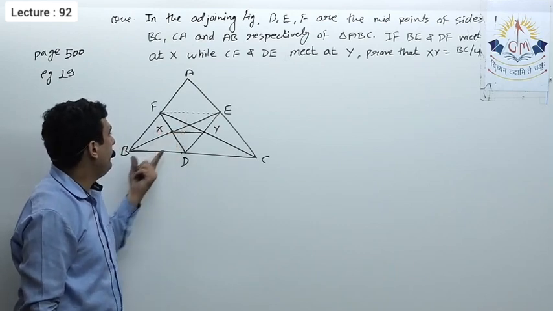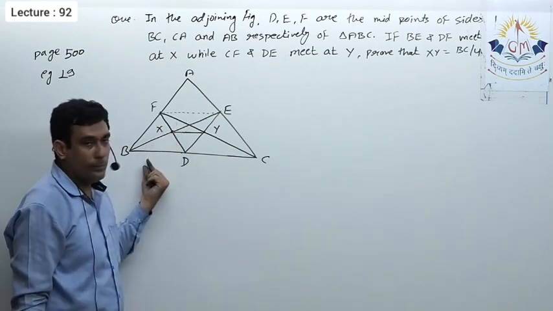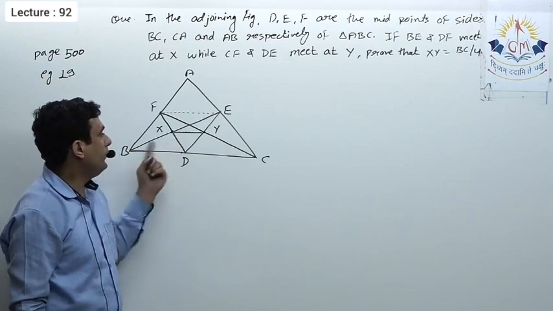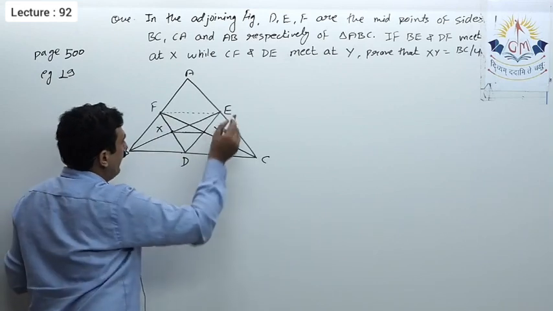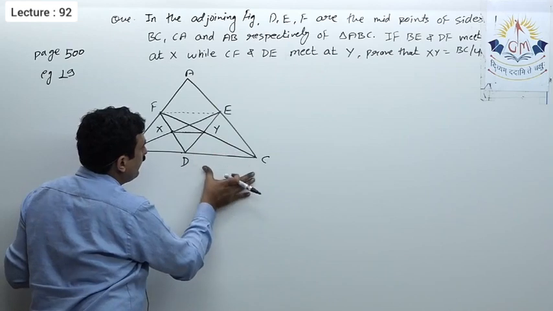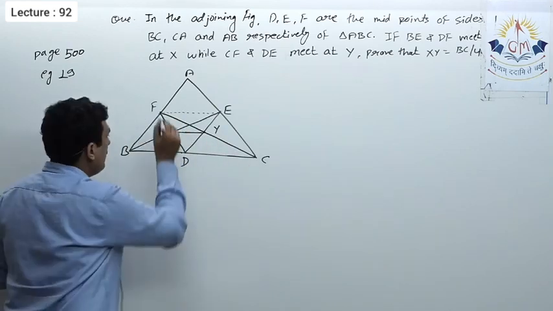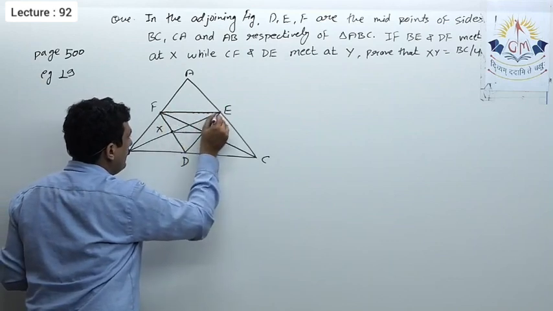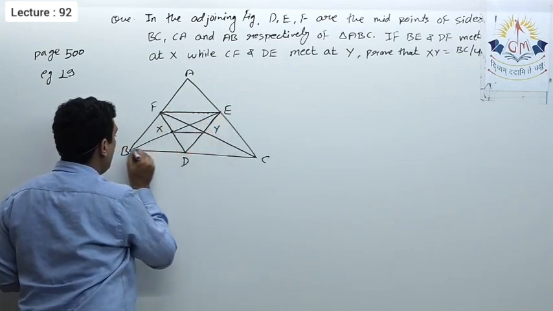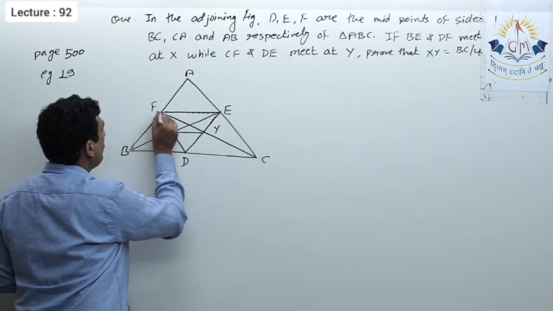That means FE is equal to BD, and FE is parallel to BD, so this will be a parallelogram. Similarly, FE is equal to DC and FE is parallel to DC, so this is also a parallelogram. This FEDB is a parallelogram. Now why do I need to prove this parallelogram?